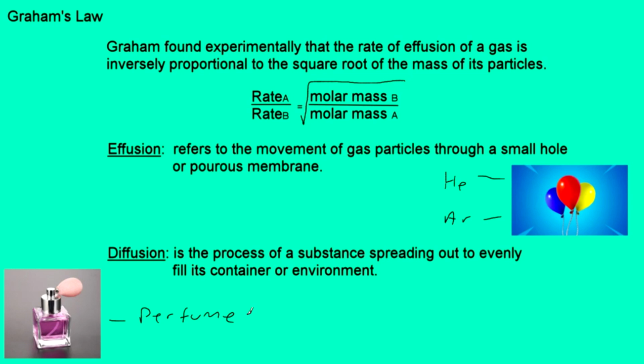It'll depend on the air conditioning. If the air conditioning is running and blowing the air around, or if it's just diffusing by itself, it's going to take a while to get to the other side of the room. So that's diffusion, just spreading out evenly to fill a container. So Graham's law is about how fast these gases can move, either by effusion or diffusion.